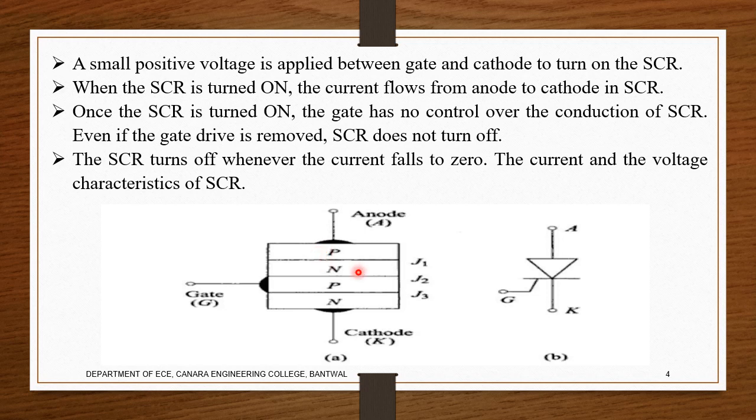So this SCR is made on when the anode is given positive and the cathode is given negative. What will happen at that time? There is a flow of current, a flow of electrons.